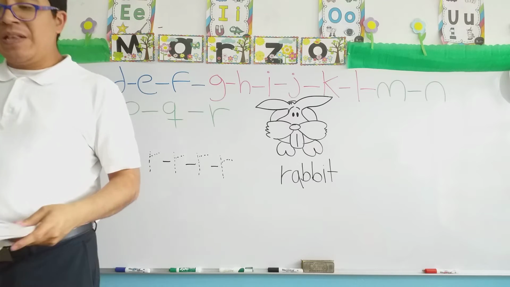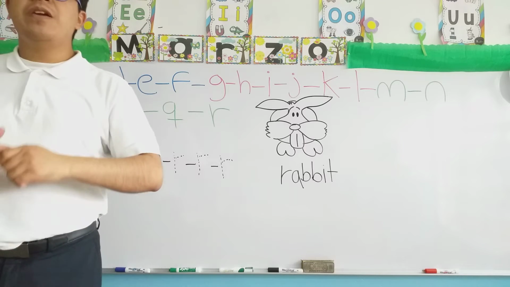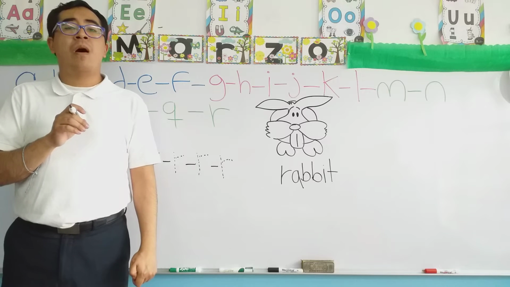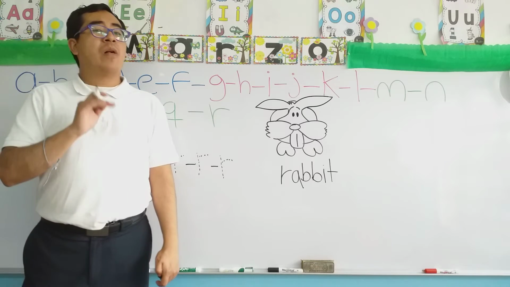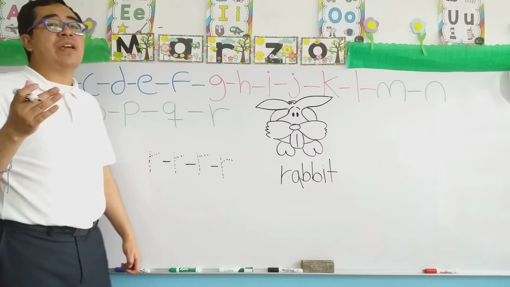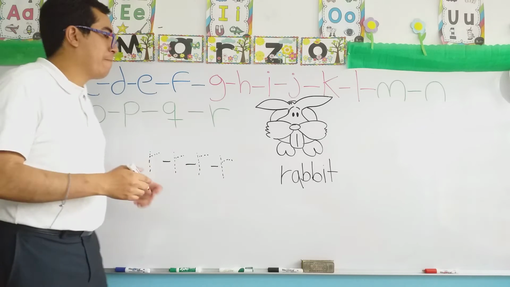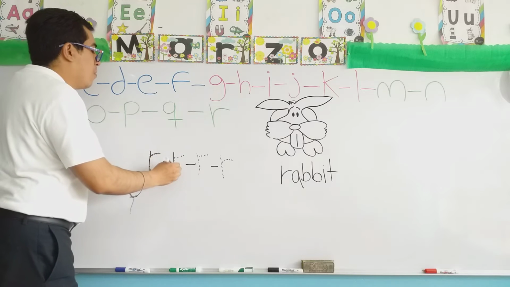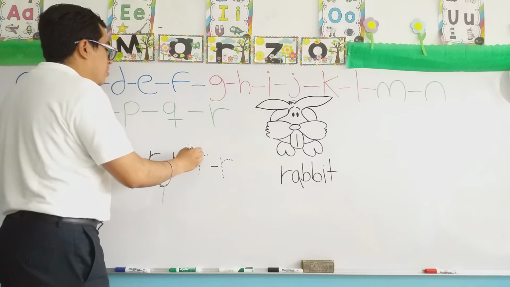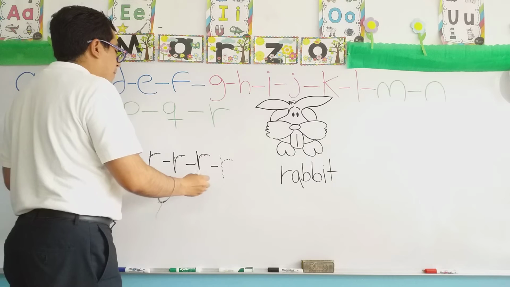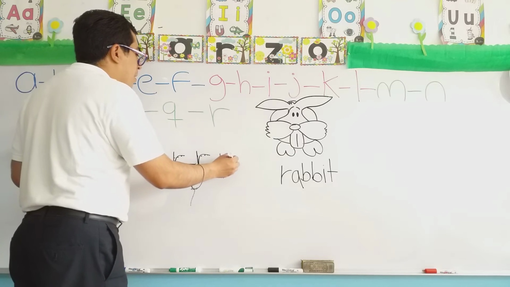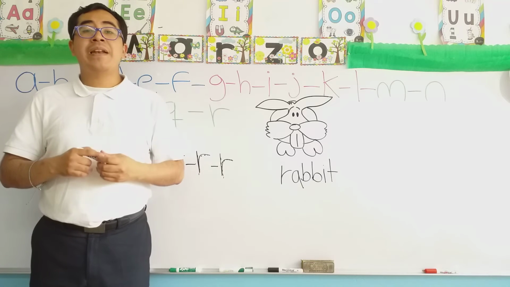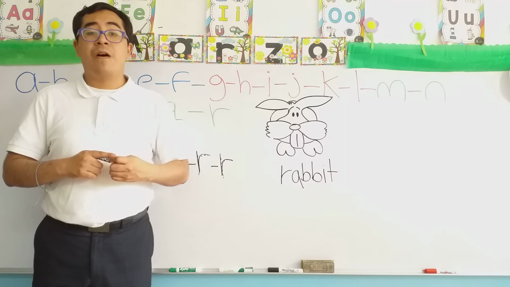So using your pencil, holding it properly, we have to trace all examples of small r. Now remember, while we are tracing, don't forget to repeat its name. Small r, small r, small r. Small r is for rabbit. Rabbit, an animal of the farm.